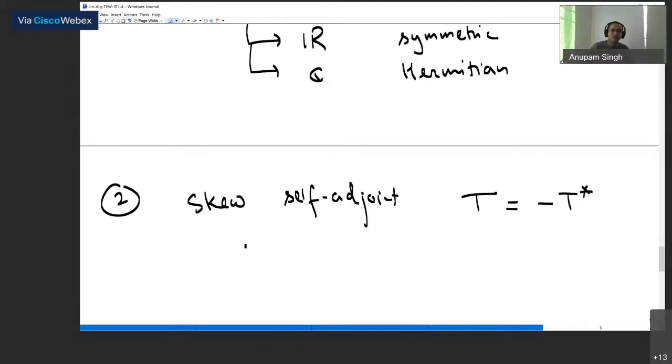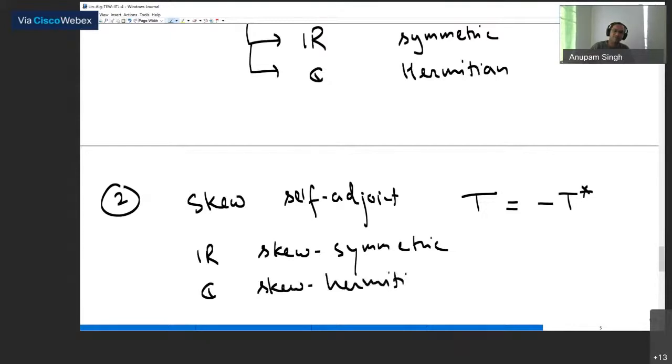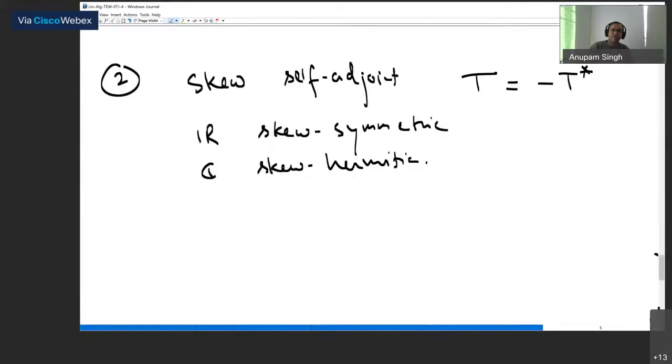This includes the example of skew symmetric when we are working over R, and over complex, what you might call skew Hermitian. And the third, quite important example which it includes is what is called a unitary operator.